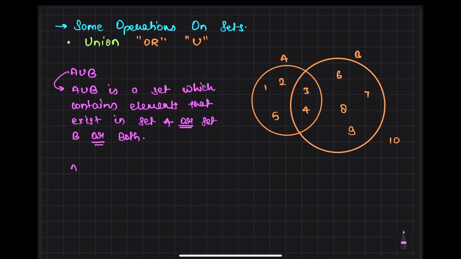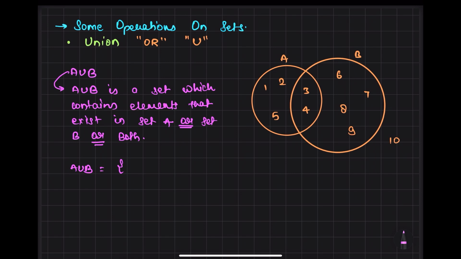Okay, now let's write down what is A union B. You know that A union B is a set. That's why we will be using curly braces, because the numbers are discrete. If it is continuous, meaning all real numbers, we will be using open or close brackets.